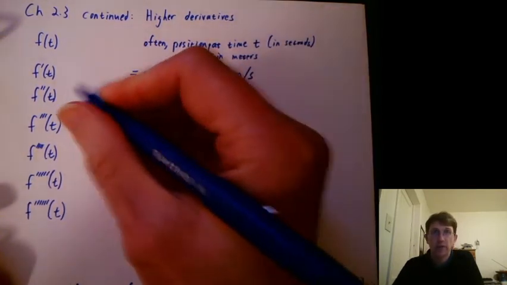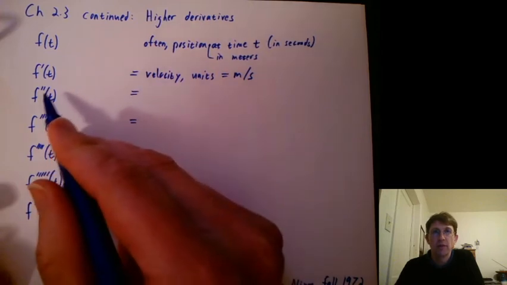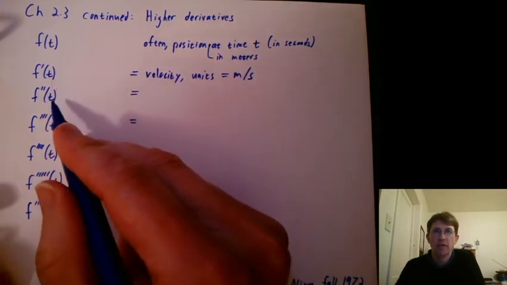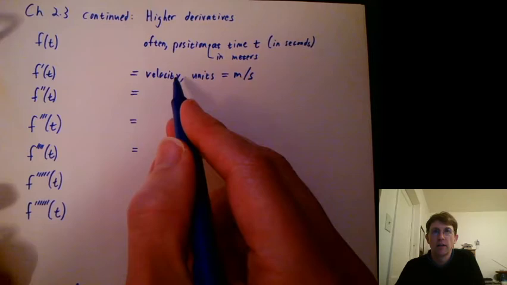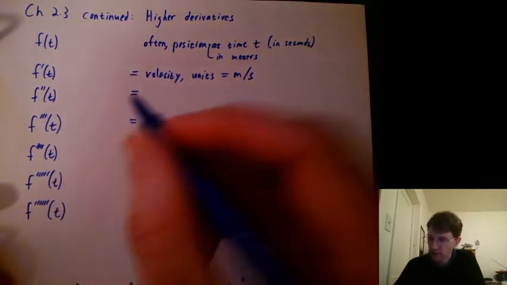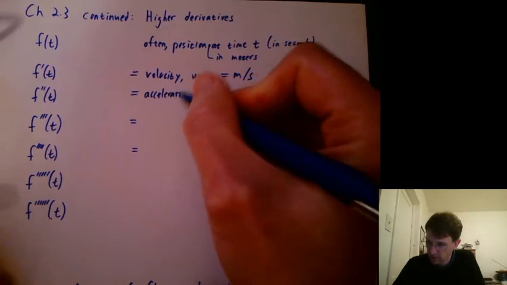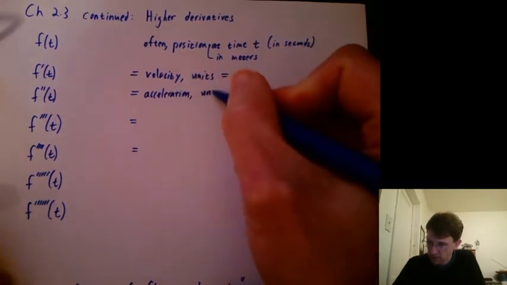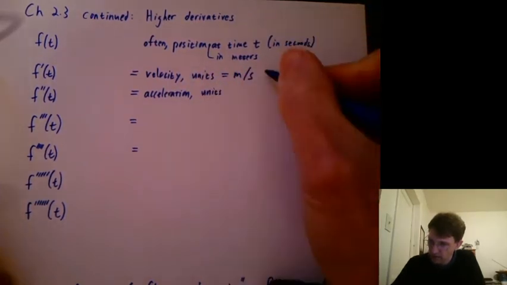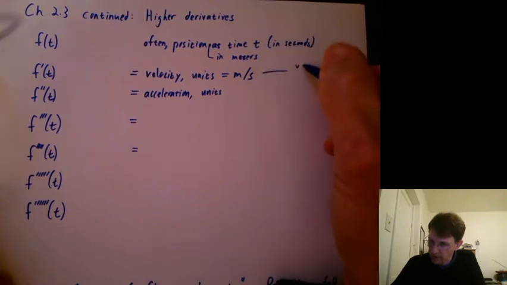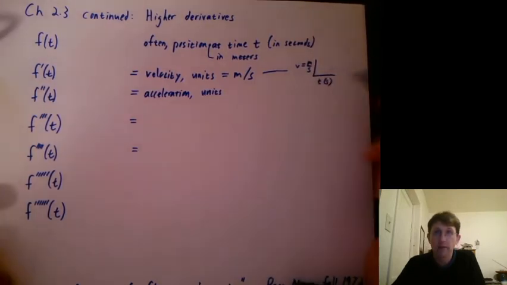Then what's f double prime? So that's the derivative of the derivative. Well, if the derivative is velocity, then the derivative of that would be acceleration. And its units, so if we graphed velocity, we would have velocity in meters per second on this axis and time in seconds on that axis.